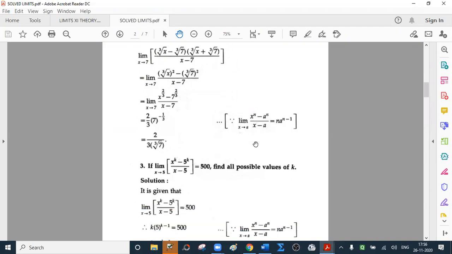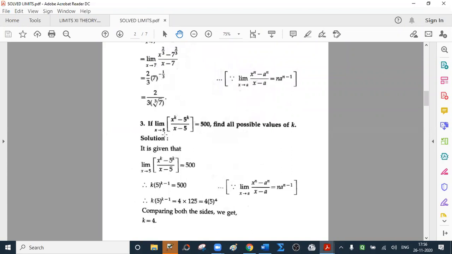Okay. Yes. Now sum number 3. We have solved one similar sum. Limit as x tends to 5 of x raised to k minus 5 raised to k upon x minus 5 is 500. Find all possible values of k. Now, this is a standard limit. Its value is k into 5 raised to k minus 1. It is 500.